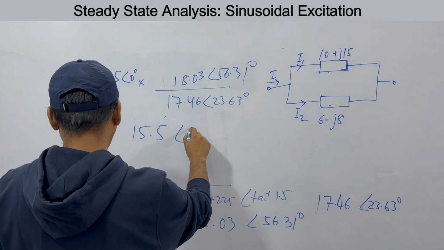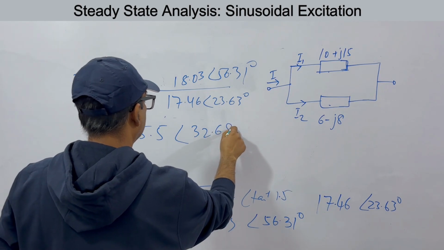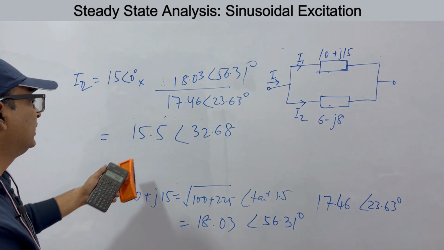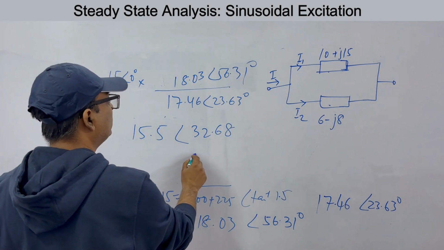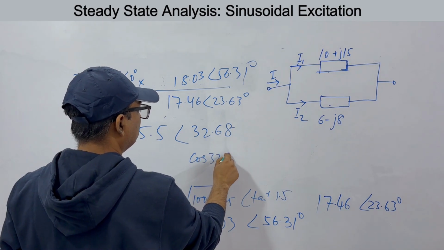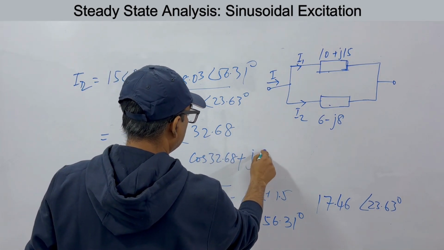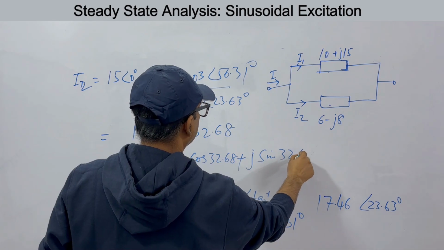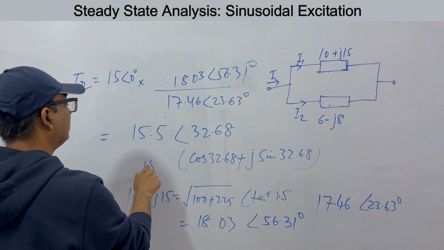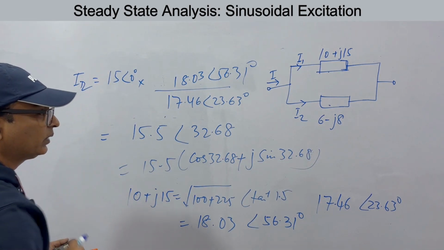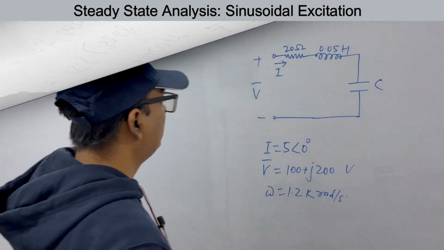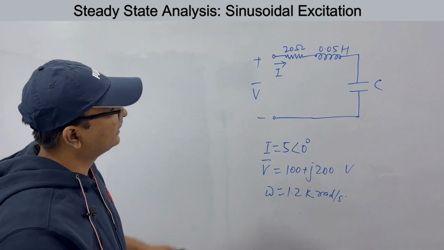So we get 32.68. And if you want to see it in rectangular form, this will be 15.5 into cos of 32.68 plus j sine of 32.68. You can multiply it. I have told you how. Okay, let's see another example.